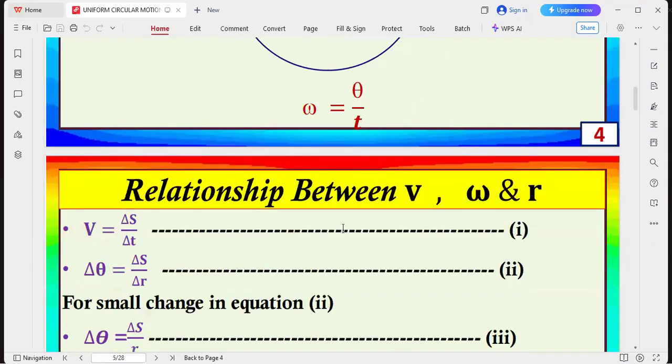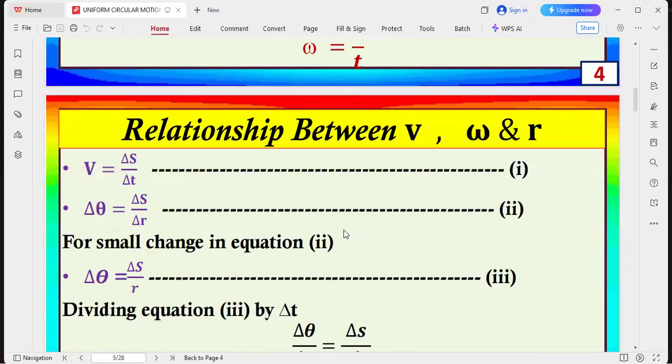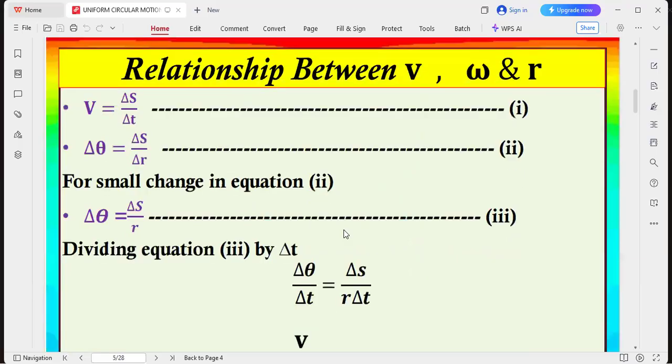The fourth way of expressing the same, Roman number 4, is this.